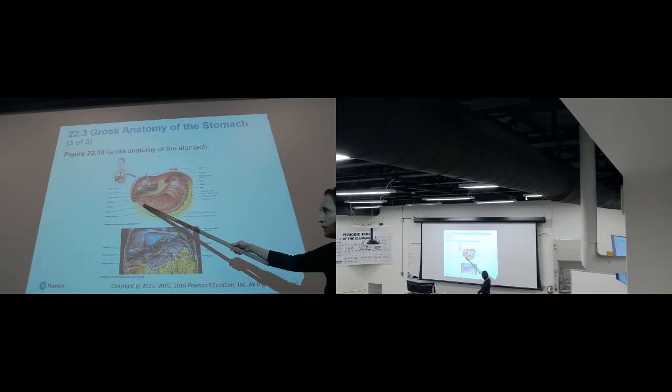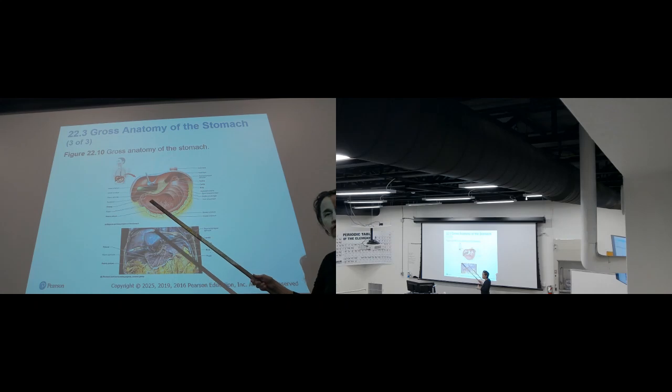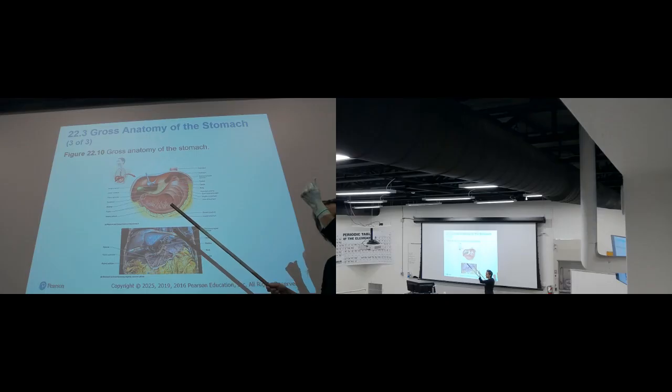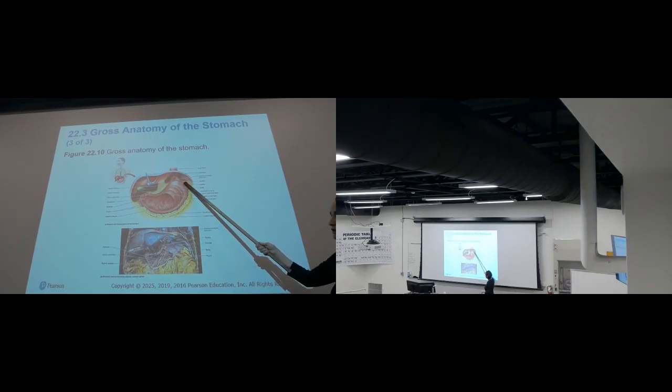Since by gravity food tends to go into this region, in order to bring the food from this distal region into this proximal region to mix it, because this will be kind of a mixer, you have to have this circular layer so that you can perform this motion. So squeezing the food from here, bringing it up to here.